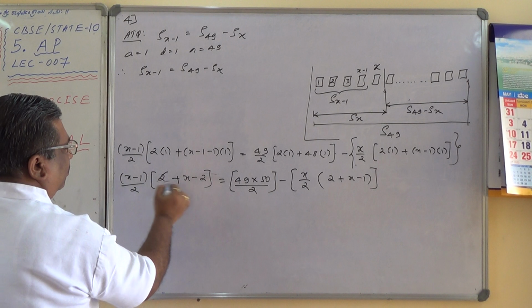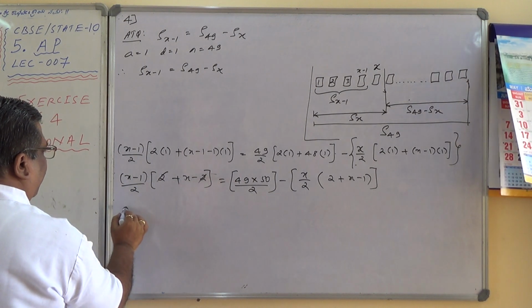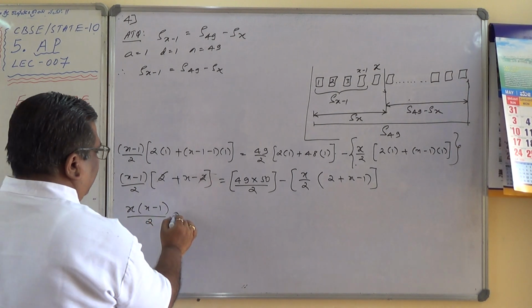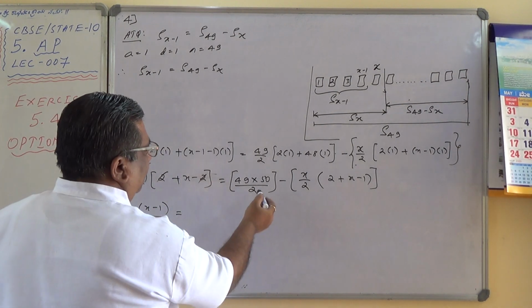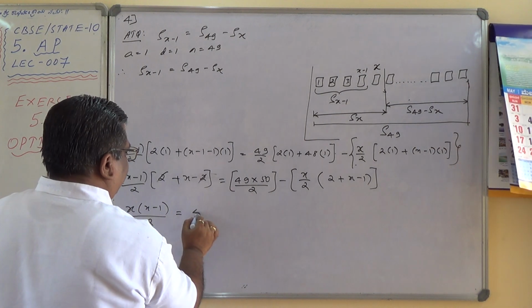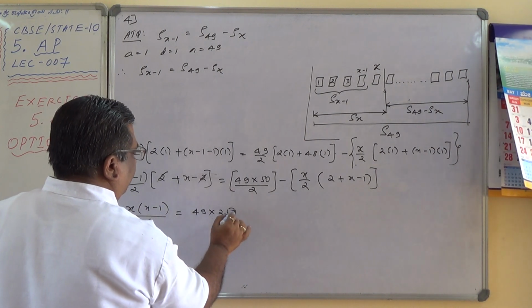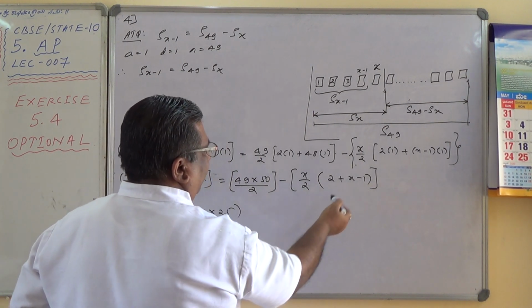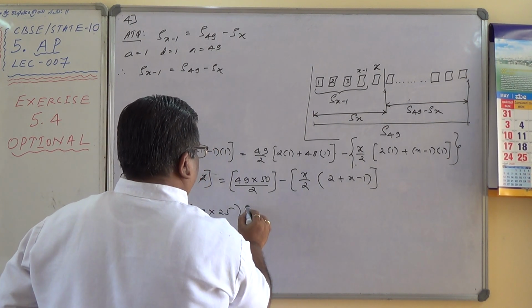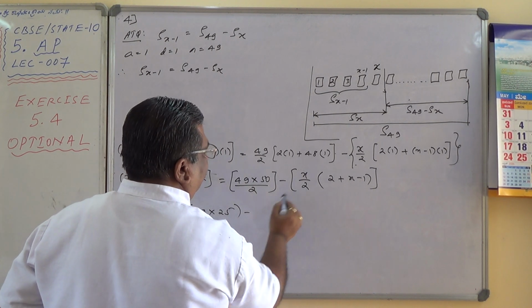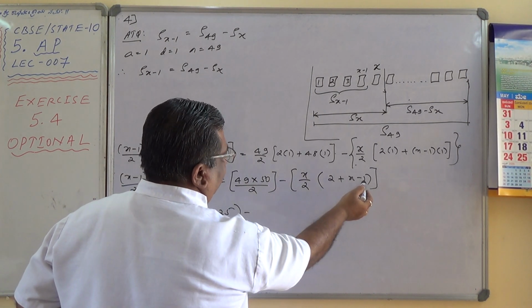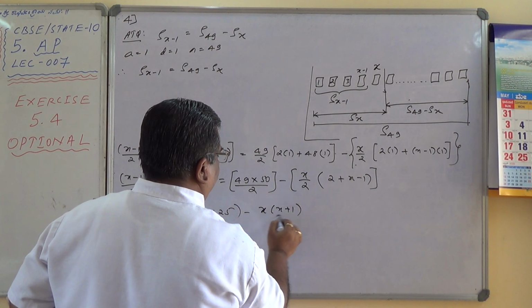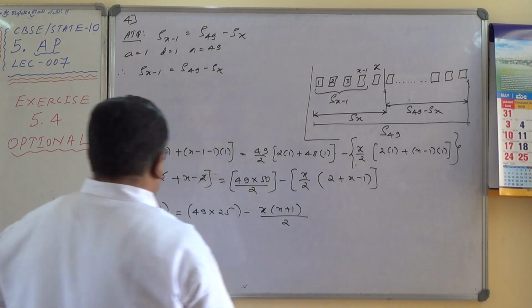So 2 cancels, x into (x minus 1)/2 equals 25 into 49, 25 times (2 minus 1), 1, minus... 2 minus 1 is 1, x plus 1, x into (x plus 1), the whole divided by 2 here.